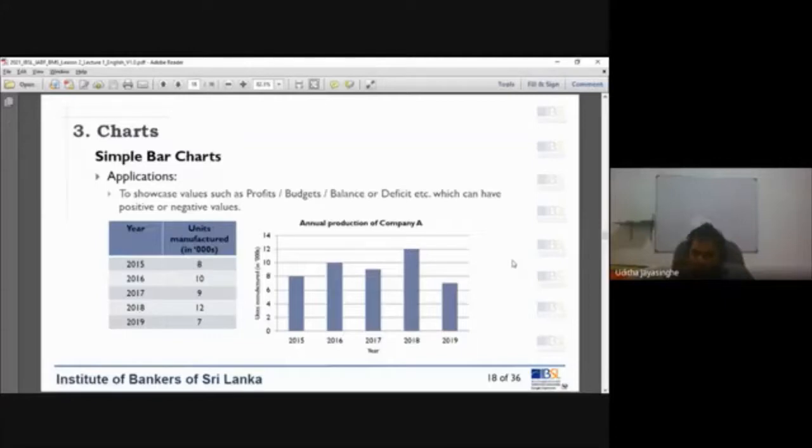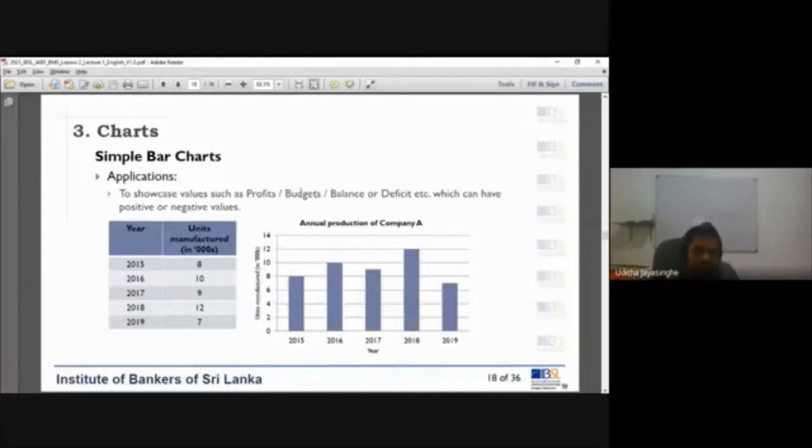Visually, of course, one could see 12,000 in 2018 seems to be the highest number. But if you focus your eye on the bar chart, it's much easier to understand the maximum, minimum, and the pattern and the trend.